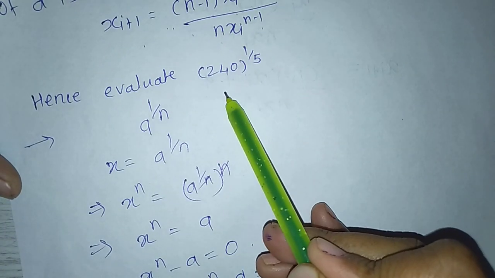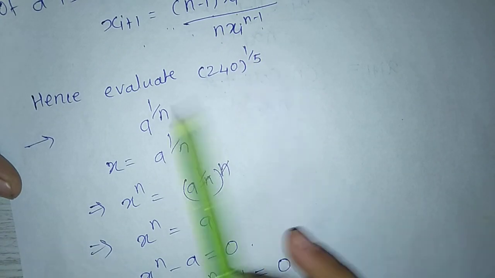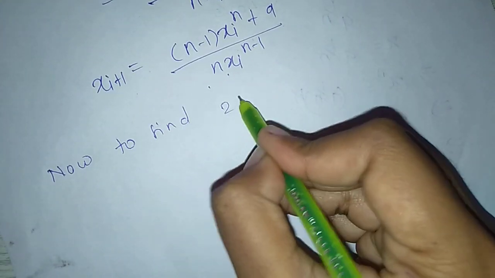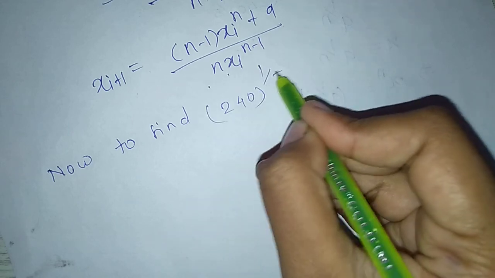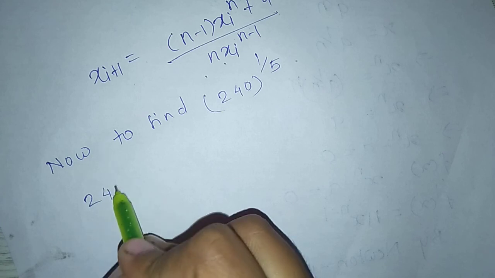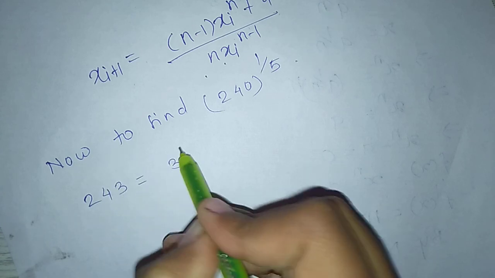Now, to find the fifth root of 240, that is 240 raised to 1 upon 5. Here we know that 243 equals 3 raised to 5.